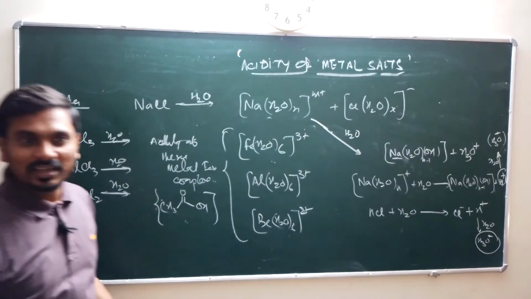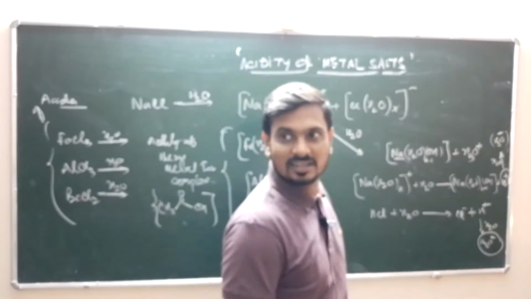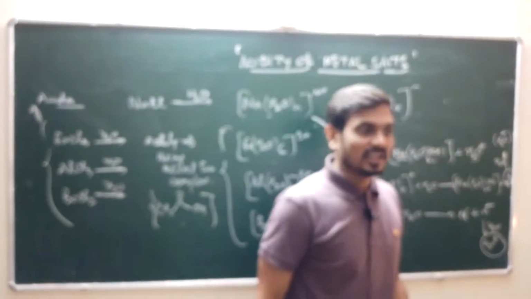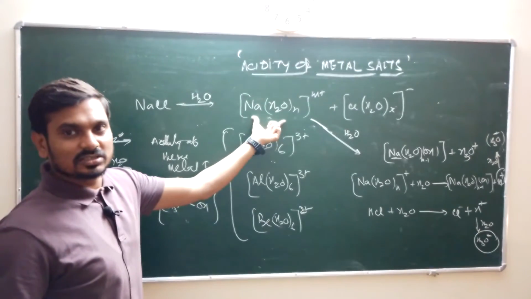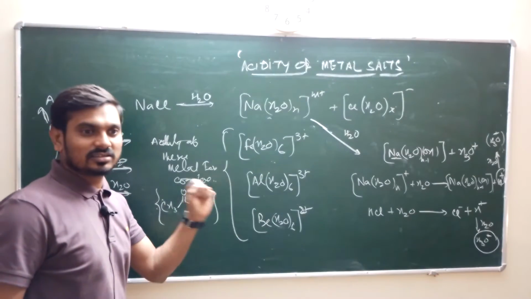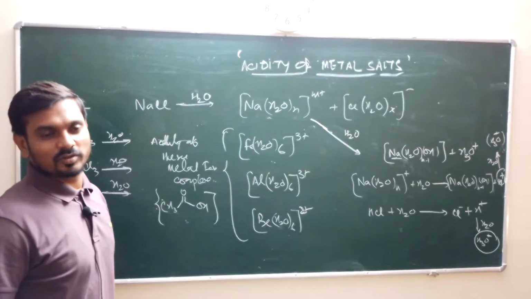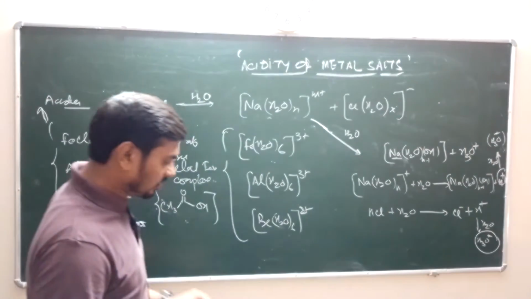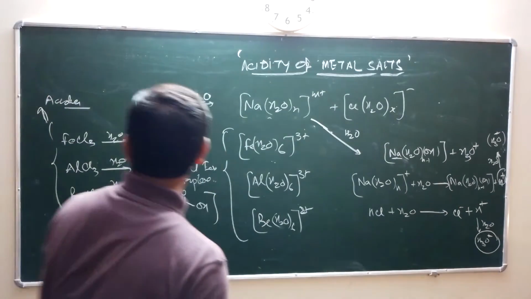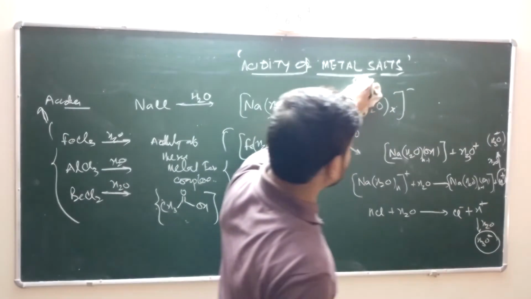These are called acidic salts. Now the interesting thing is: why is this not that acidic and why are these three ions acidic? This is an important question, isn't it? So this could be understood the way I will tell you, how this acidity appears basically.